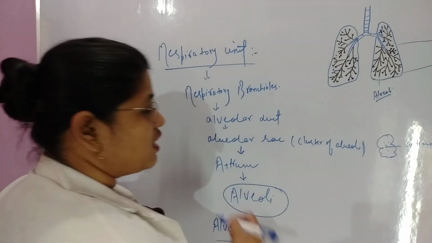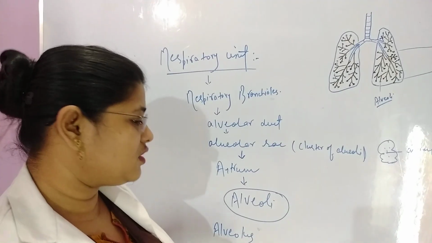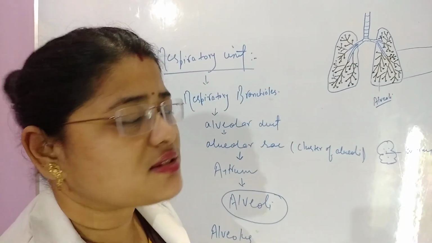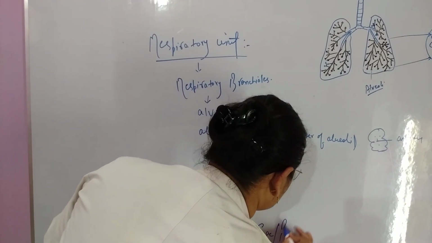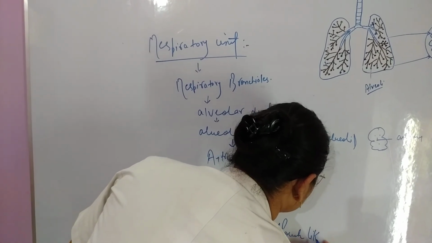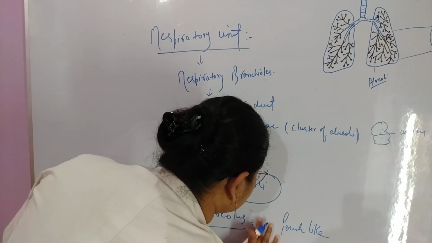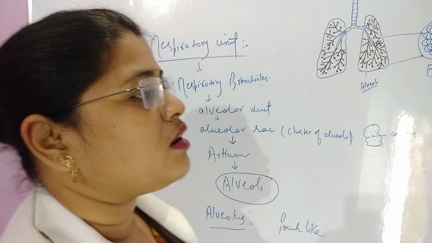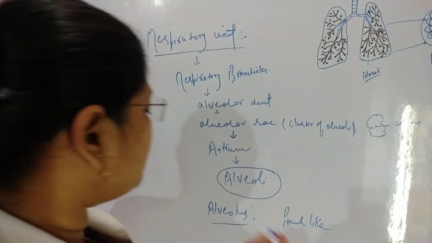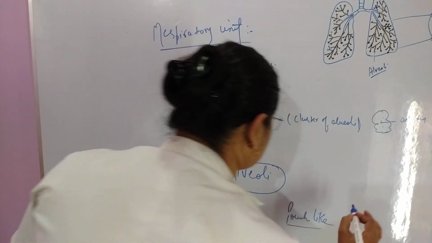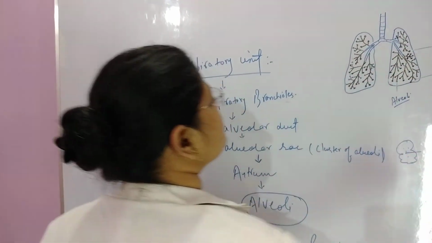The unit of our respiratory system is the alveolus, and the alveolus is a sac or pouch-like structure. You can compare it to a bubble in water. The alveolus is like that.